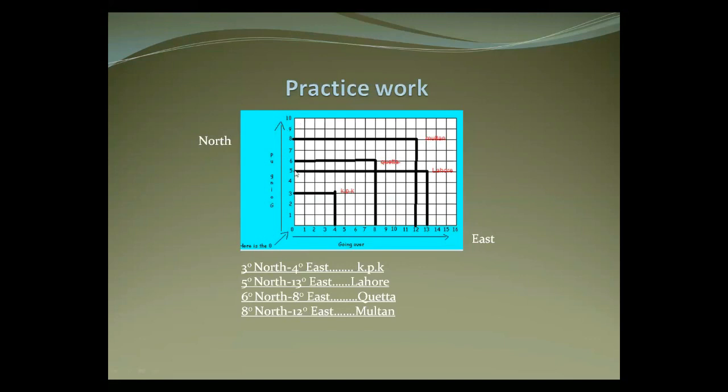And along the eastward axis the numbers are 0, 1, 2, 3, 4, 5, 6, 7, 8, 9, 10, 11, 12, 13, 14, 15, and 16. These are imaginary numbers so that you can understand the longitude and latitude lines.